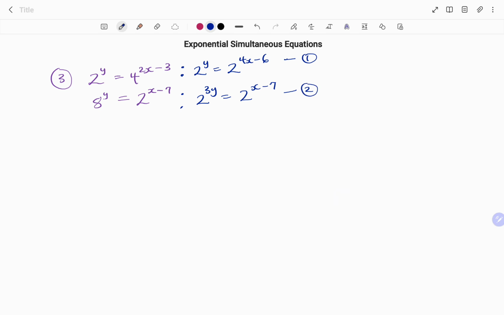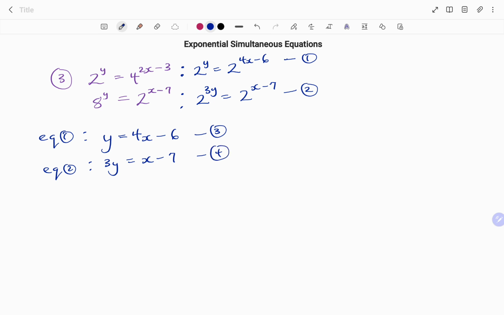So applying the law of exponents, from equation 1, because the bases are the same, I'm going to equate the powers. I have y equals 4x minus 6. That will be my third equation. And for my equation 2, I'm going to equate the powers, which is 3y equals x minus 7. That will be my fourth equation.